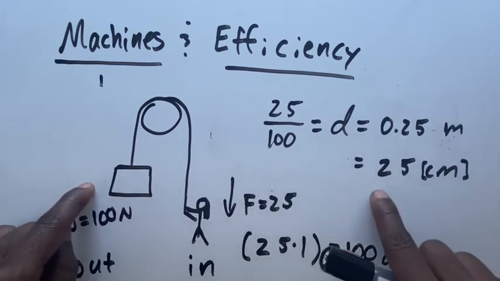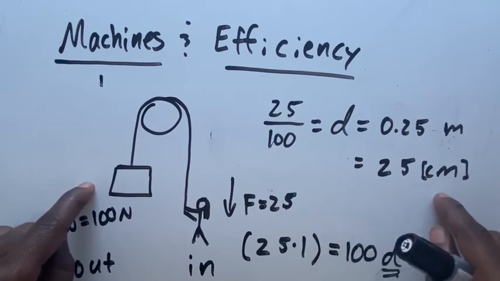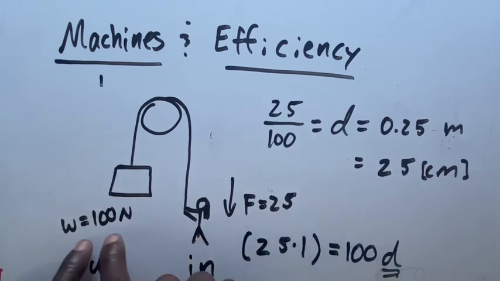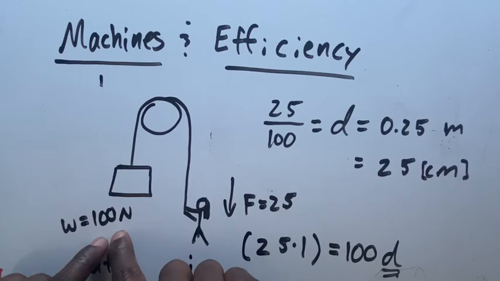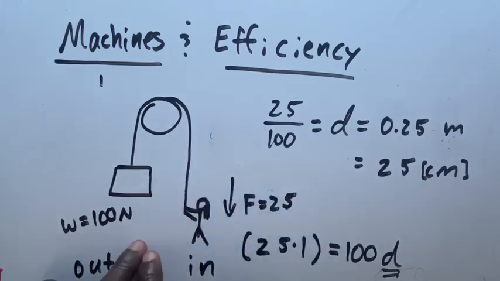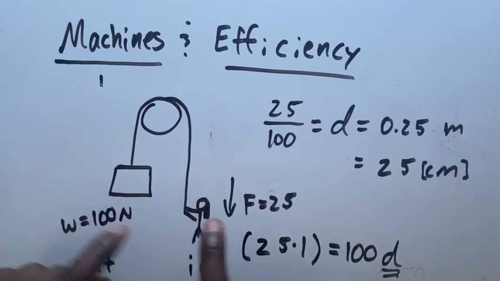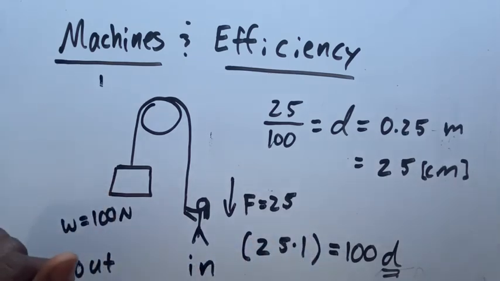That may not seem that high, but notice how she only pulled down with a force of 25 Newtons when this box weighed 100 Newtons. Normally, to pick up a 100 Newton box, you would have to put in at least 100 Newtons of force. But because of this pulley system, she can lift the same box with only 25 Newtons of force.